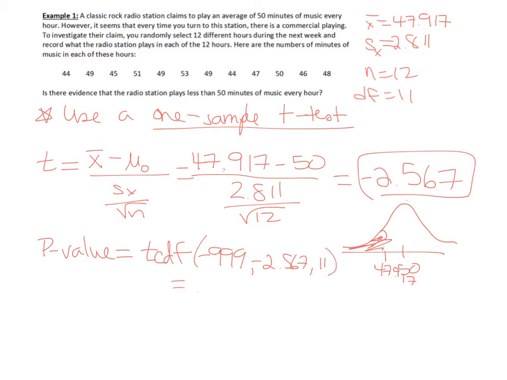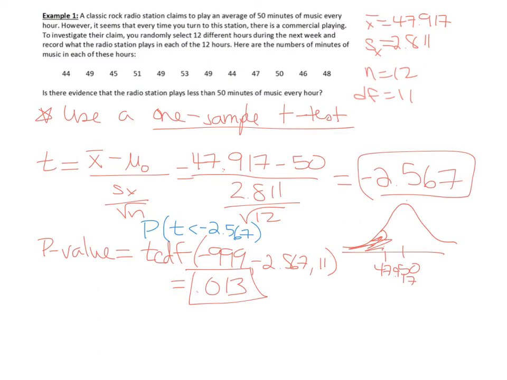And when you do that, you end up getting 0.013. Also, if on this step you want to use proper notation, we would write this as the probability that our t is less than negative 2.567. That's a good thing to know.